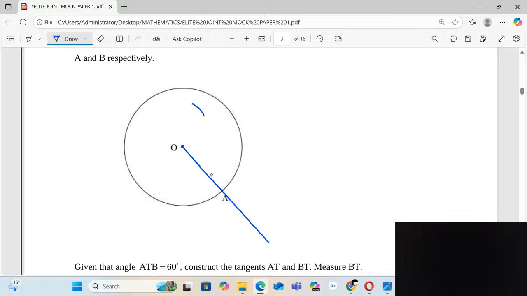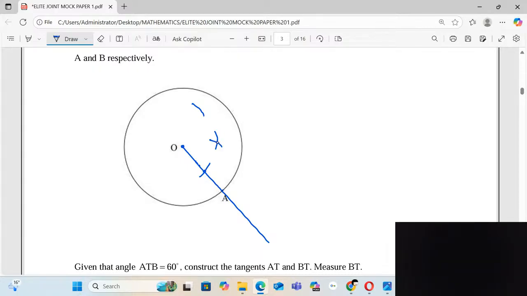Then you make another arc using the same radius, then another arc somewhere here. Standing at the arc that cuts line OA, using the same radius, make an arc that cuts that point.